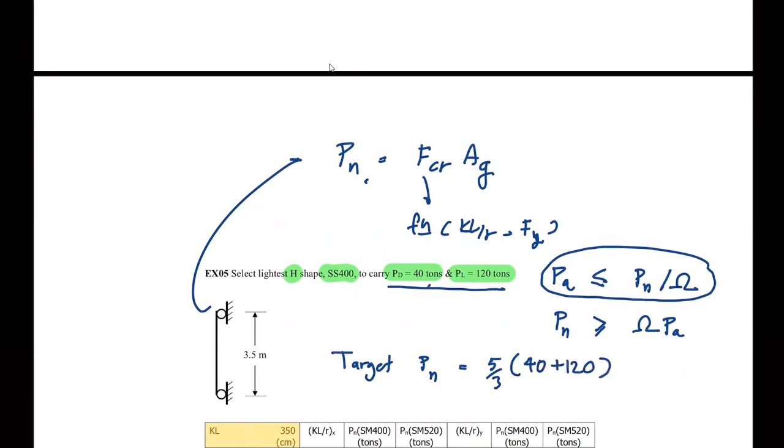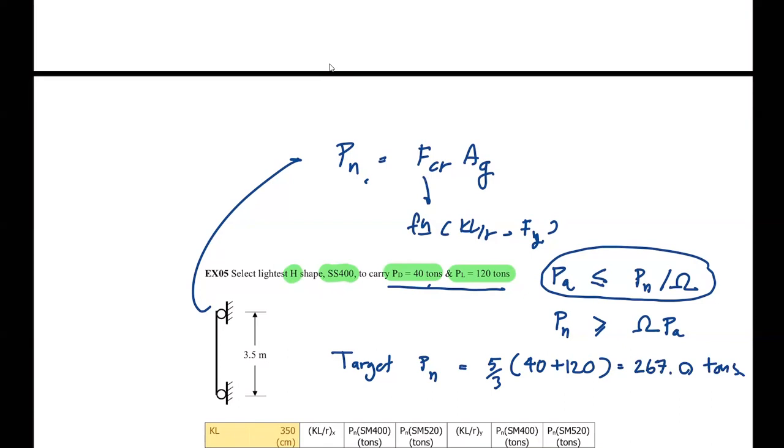The total load is 160, but because we move the factor of safety to this side, it becomes 267 tons. So that becomes the target load.